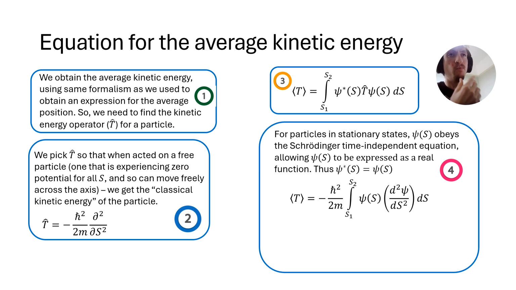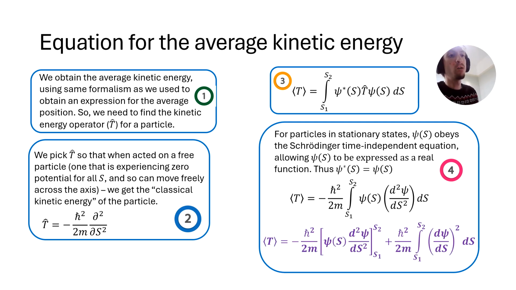So one way we can at least reduce the order of differentiation is if we express our integral in a more bulky form using integration by parts. And that will at least reduce the order of differentiation, so we won't have any second order derivatives anymore. So if you do the integration by parts, you end up with this expression.